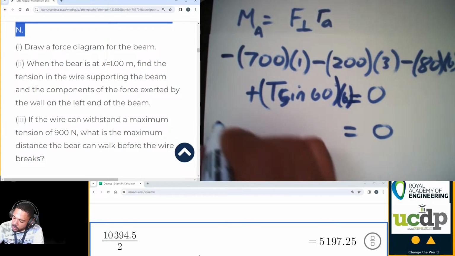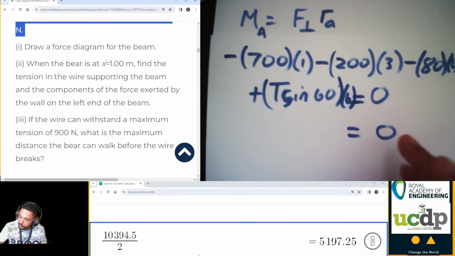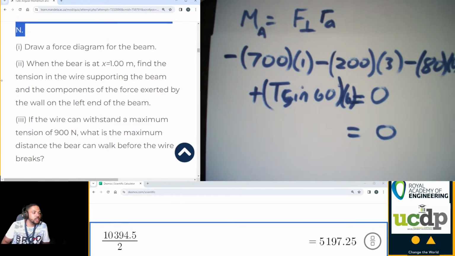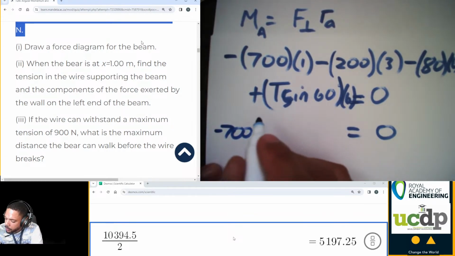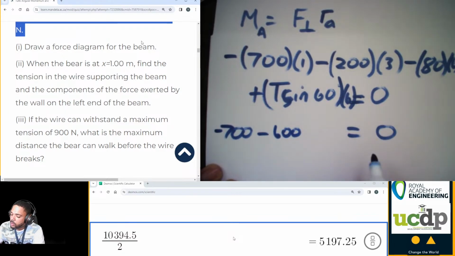So what we're left with is all of that. Multiply 700 times 1, 200 times 3, 80 times 6. Let's check what is 80 times 6. So it will be negative 700, negative 600 newton meters.